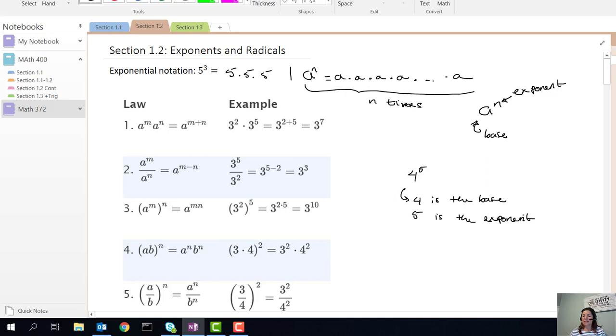And this is called exponential notation. Expanded notation is when you actually write it out. So this is exponential form. And then when you say 4 to the fifth is 4 times 4, how many times? 5 times, right? So then this will be the expanded form.